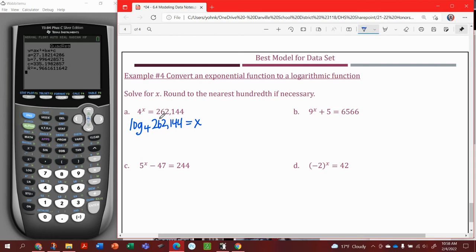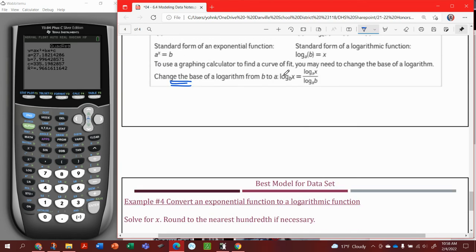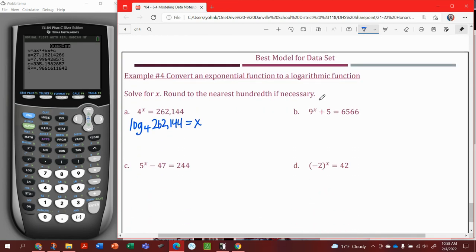Then on this left side, I can use the change of base formula. The change of base formula allows me to take something not in base 10, let's say, and change it to base 10. Your calculator can only calculate in base 10, so if it's in base 4, it can't. So we use the change of base, which says you can take the log base 10 of the top number and divide it by log base 10 of the bottom number.